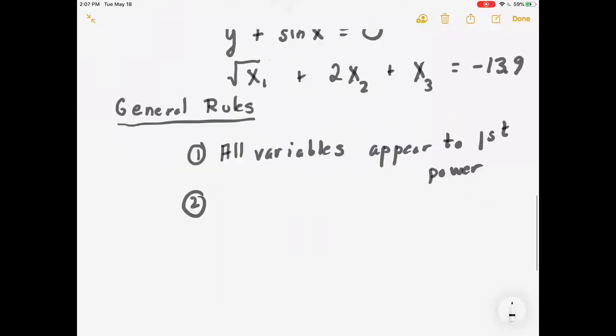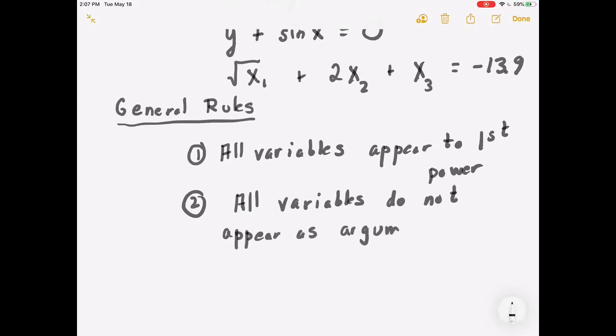The second constraint that we have to meet is that all the variables in your equation do not appear as arguments of a whole class of special functions.